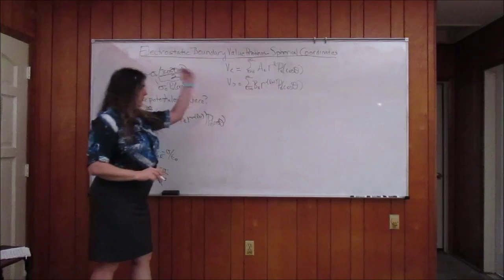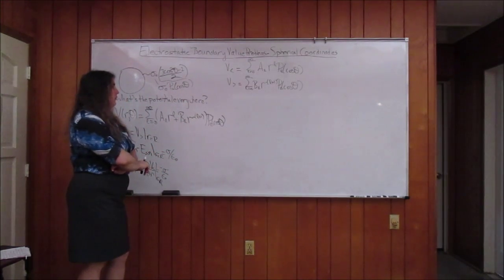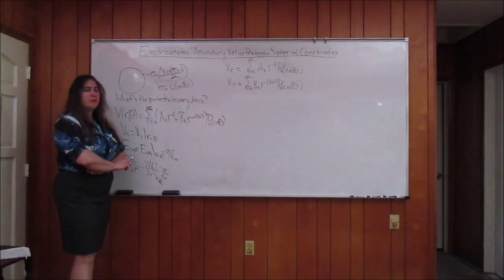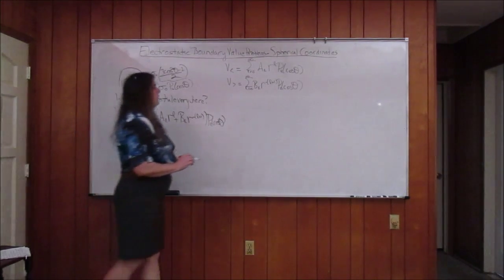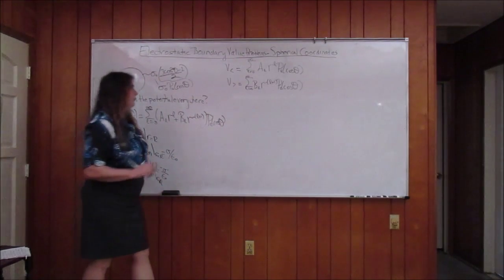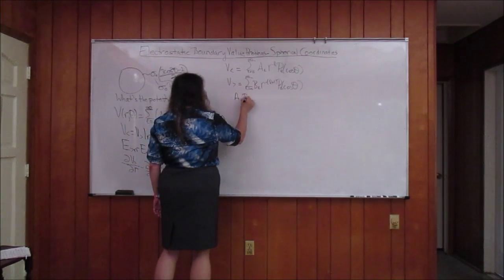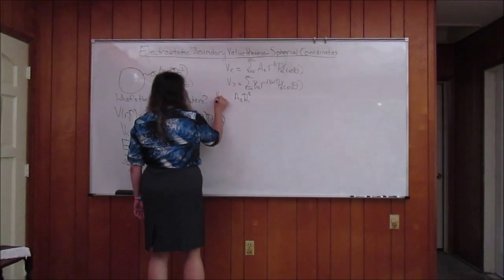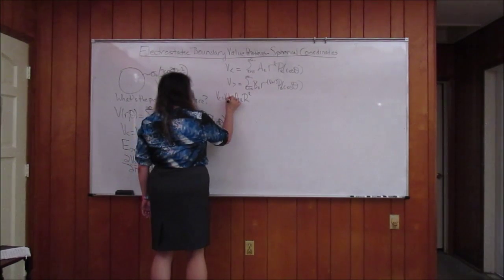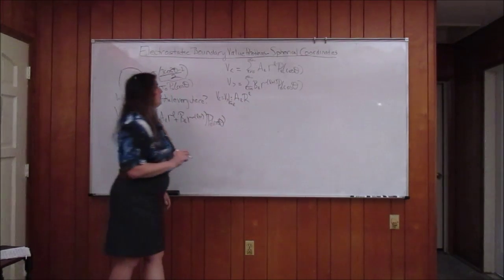the interior solution is equal to summation L equals 0 to infinity, A sub L, r to the L, P_L cosine theta. Now, first condition is that the potential has to be continuous, and this has to hold for all theta. The only way that can happen is if each of these terms is equal to each other.